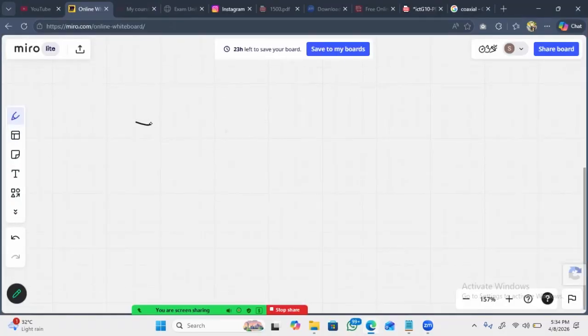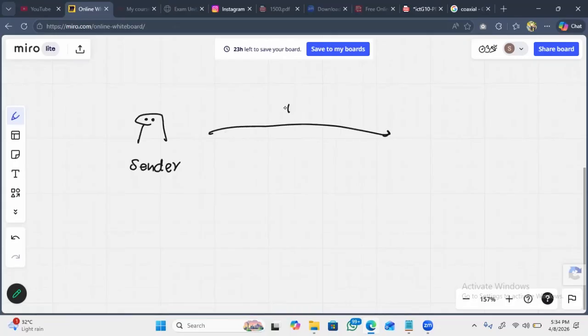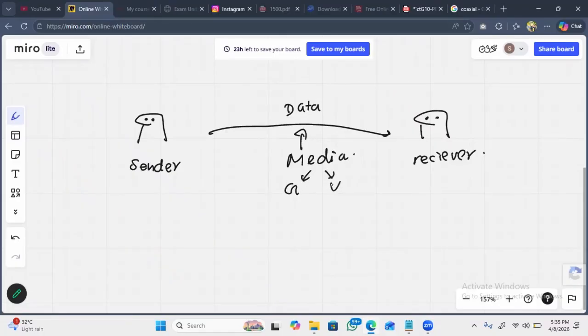Assume when data communicating, you have a sender here. Sender is sending data. Sender is sending the data to whom? Receiver. This is how we do it. For sending the data only, we are using the media. Now, media can be what? It can be guided or unguided. That means wired or wireless.